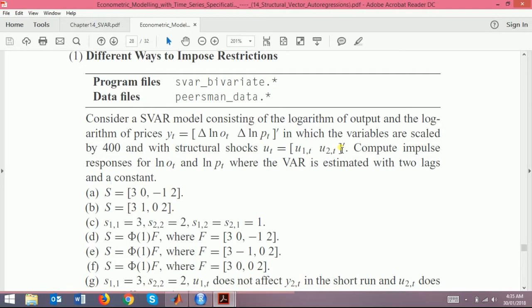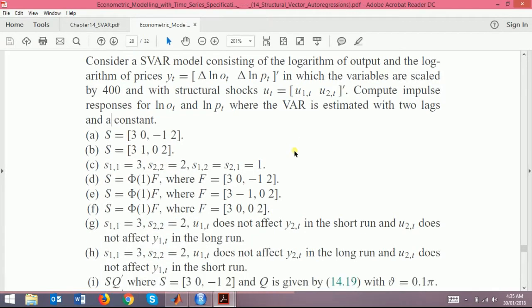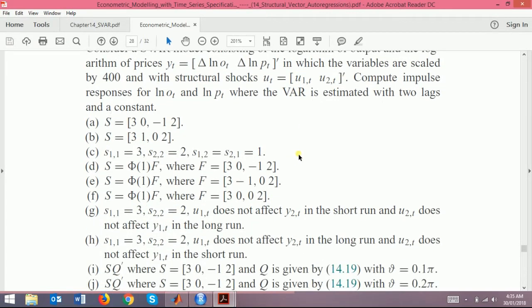First S is 3, 0, minus 1, 2. Second S is 3, 1, 0, 2. Then S11 is 3, S22 is 2, S12 and S21 both are 1, so basically 3, 1, 1, 2. Then S is equal to phi 1 F long run restriction, where F is equal to 3, 0, minus 1, 2, or 3, minus 1, 0, 2, or F is equal to 3, 0, 0, 2. So the first two are short run restrictions, then we are talking about long run restrictions.